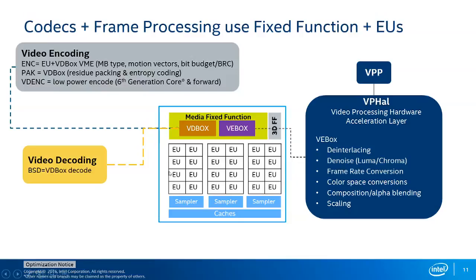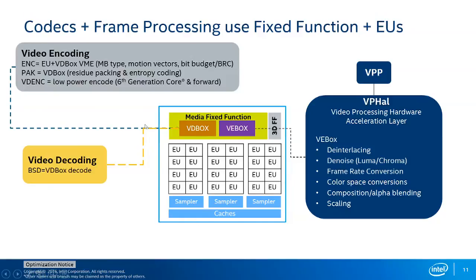That can be beneficial because, as you remember, the GPUs are heterogeneous inside. So the unsliced part can actually be active, powered on and working, while the EUs are idle and clocked down.